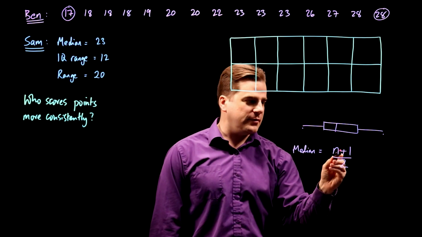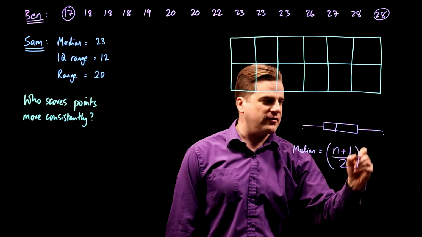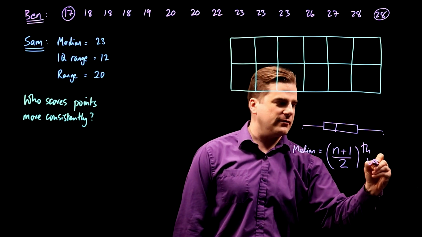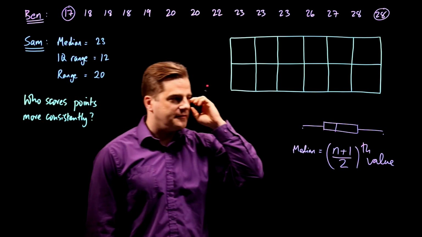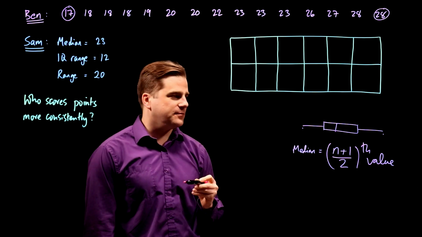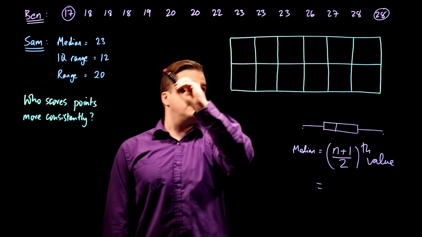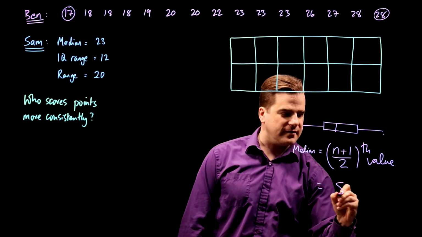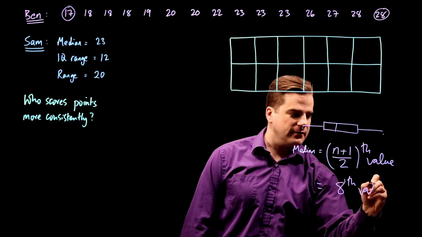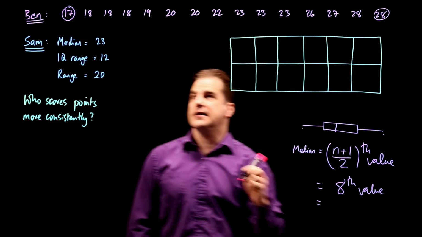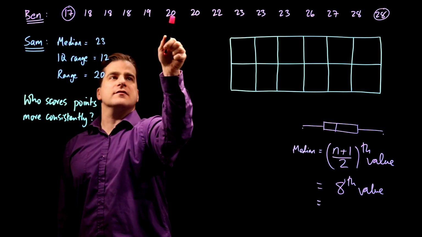Okay, it's n plus 1. Does that make sense? See what I'm saying? So in this case, it's the 15 data points, so it's the 8th value, which is 1, 2, 3, 4, 5, 6, 7, 8.